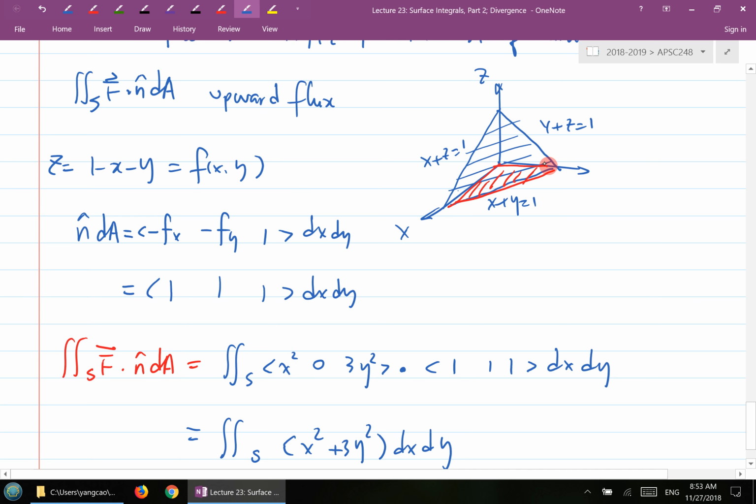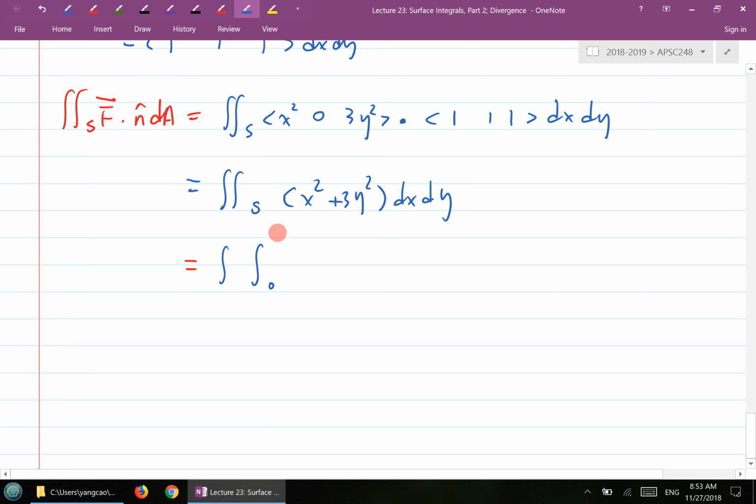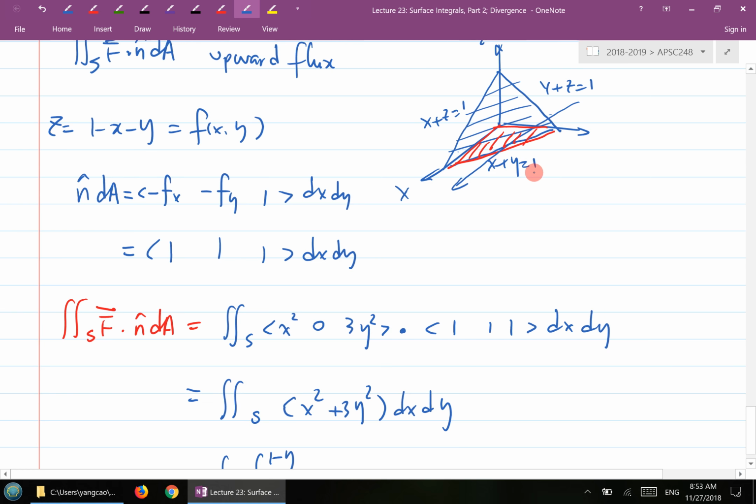The procedure is you draw arrow lines in the positive z-axis direction. First contact is x min, second contact is x max. So that gives you 0 to 1 minus y, because the boundary here is x plus y equal to 1.